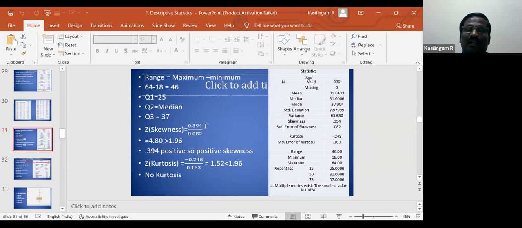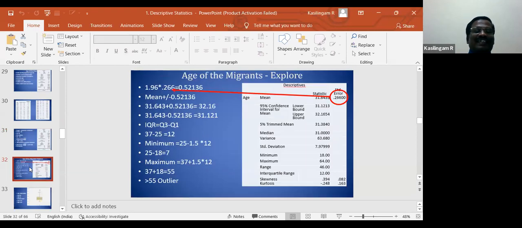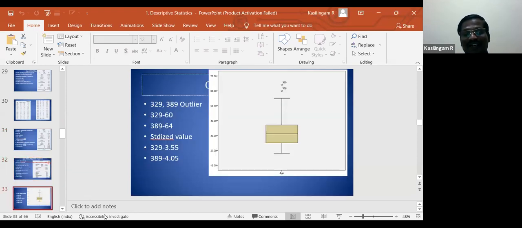Since this skewness value is positive, there is a positive skewness. Now, what is the meaning of positive skewness? How will it appear? That I am going to show now. If people don't understand, leave it.